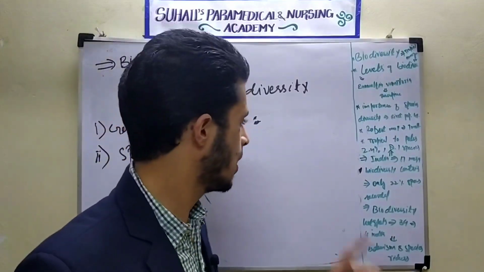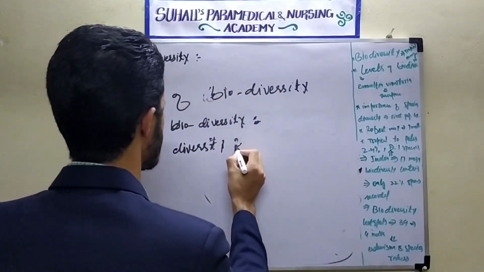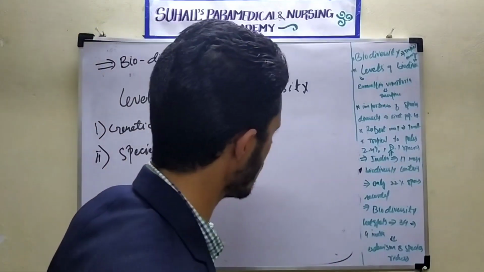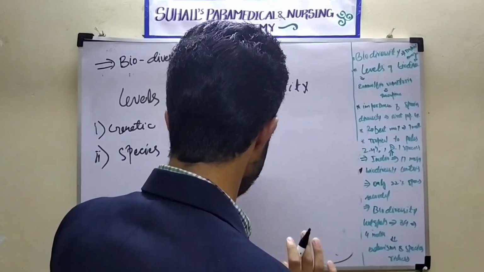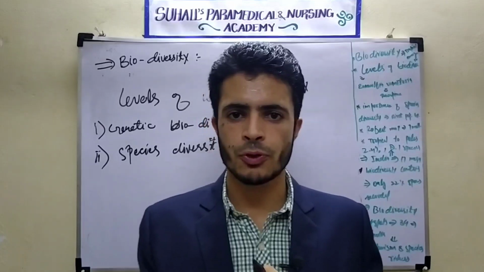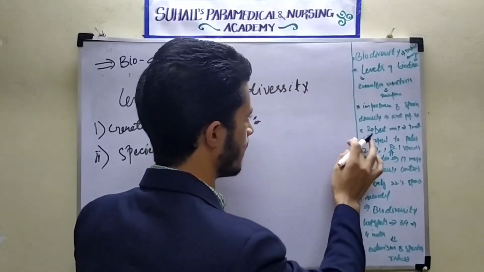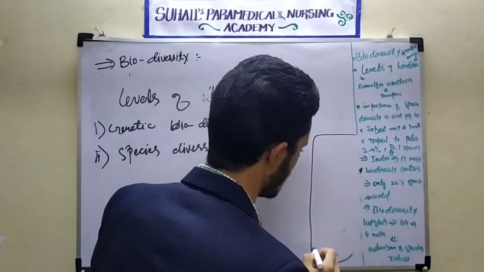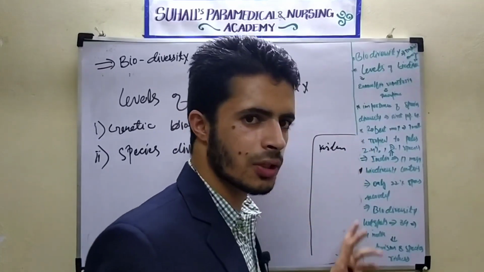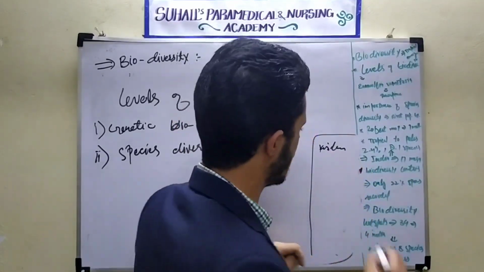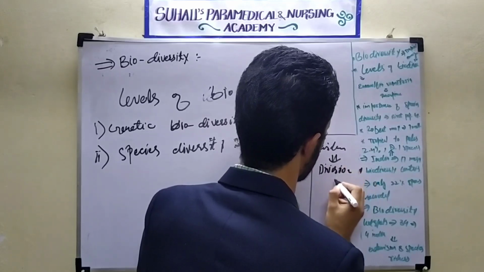At the species level, I will give an example for understanding how there is species biodiversity. There are different types of species. If we are going for the biological system, you see here, the highest taxonomical category is kingdom, then division, then class, then order, then family, then genus.